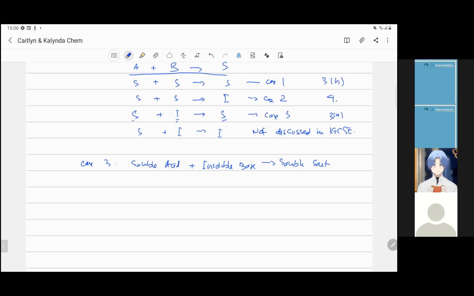Now, what is our problem here? We have two soluble things. Soluble means they are going to be in liquid. If we want to have a soluble salt, the key idea is how can we make sure there is no acid that is going to interfere with the salt. Why? Because in that case, the product we have will be impure.